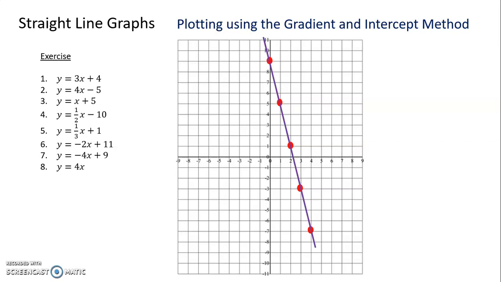Question 8, I'm wondering if anyone managed to get this worked out, because we've got a gradient of 4, but what's the intercept? Well, we've added nothing at all here, so it's like having a +0. So that means my intercept is at 0, and I'm going along 1, up 4. So something like that, and then join those up to make a nice straight line.